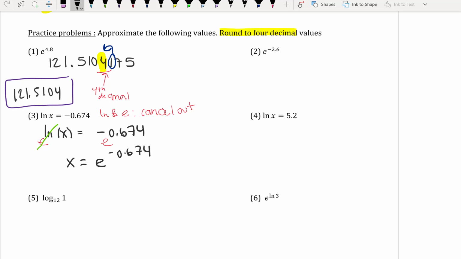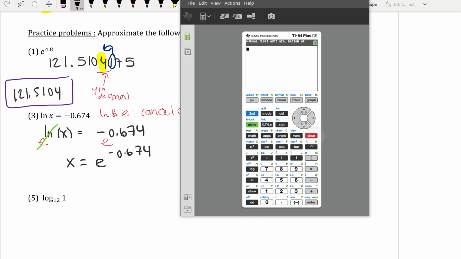After I do that one move, now I can bring up my calculator. So this is e, and I have it to the negative 0.674. I'm going to go ahead and copy that down.